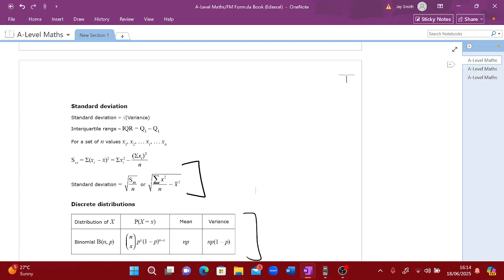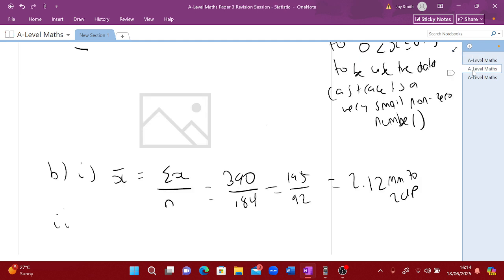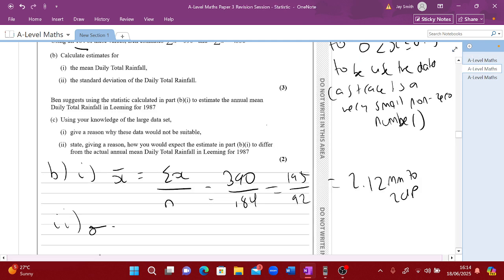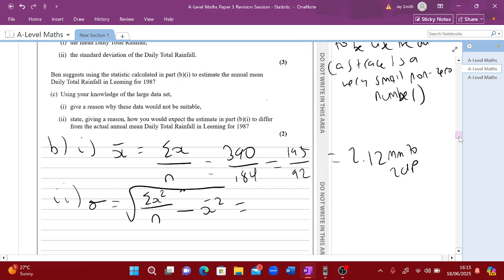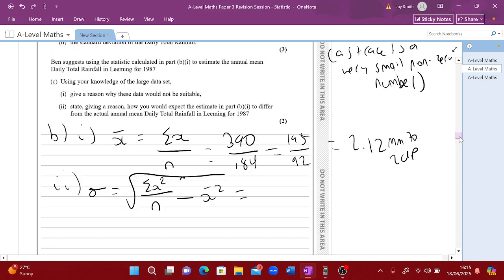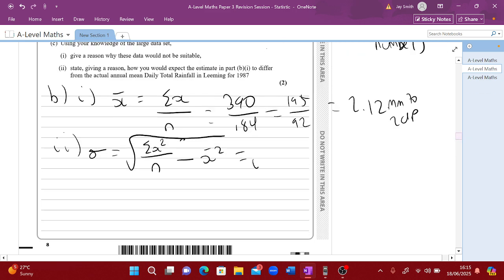But anyway, that means the standard deviation, sigma, is going to be the root of the sum of the values all squared over n, minus the mean squared, right? So what's sum of x squared? That's going to be 4336. So the root of 4336 over 184 minus the mean.